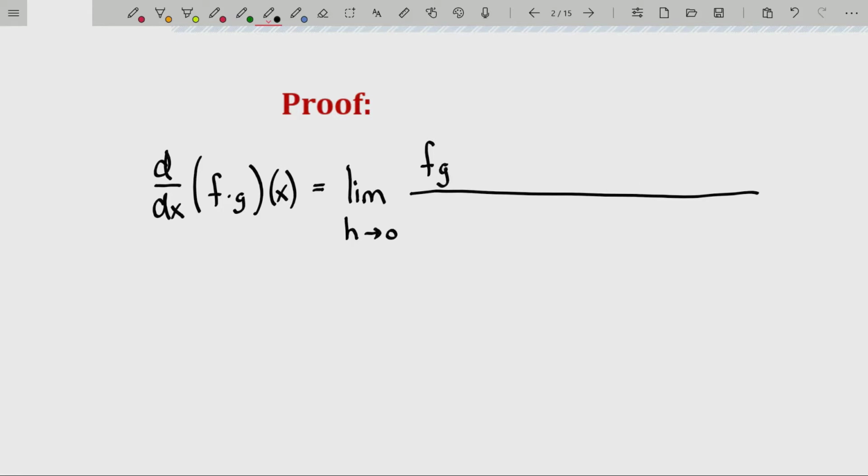It's f times g at x plus h minus f times g at x, and that's all over h. And that so far should be okay. I'm just not using the same function name as I was in previous limit derivative examples. Instead, I'm using a different function name, fg. It doesn't really matter. It's the same thing.